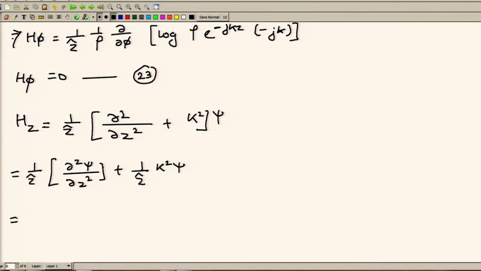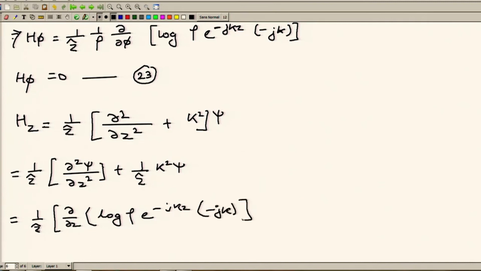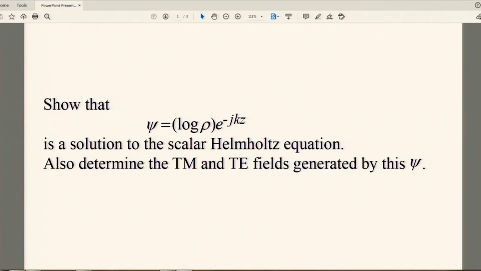So, we will have this 1 upon Z cap del z of log of rho e to the power minus j k z times minus j k, plus 1 upon Z cap k square xi. We will see that this is also coming as 0. So, this is equation number 24. So, these are the TE and TM fields that are generated by this xi function.